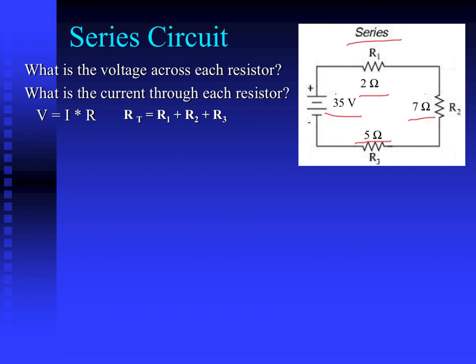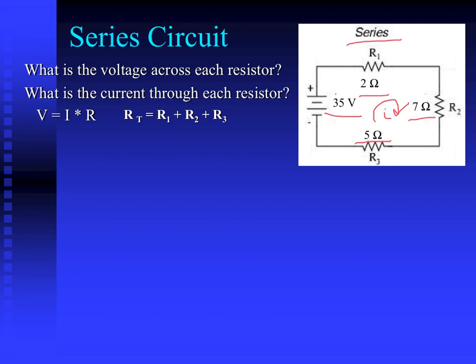We want to know the voltage across each resistor and the current through each resistor. The current through each resistor is going to be the same, because we only have one path for the current to go.